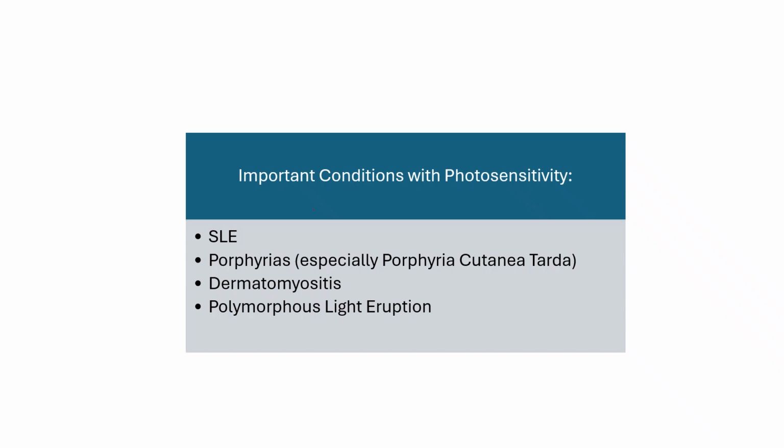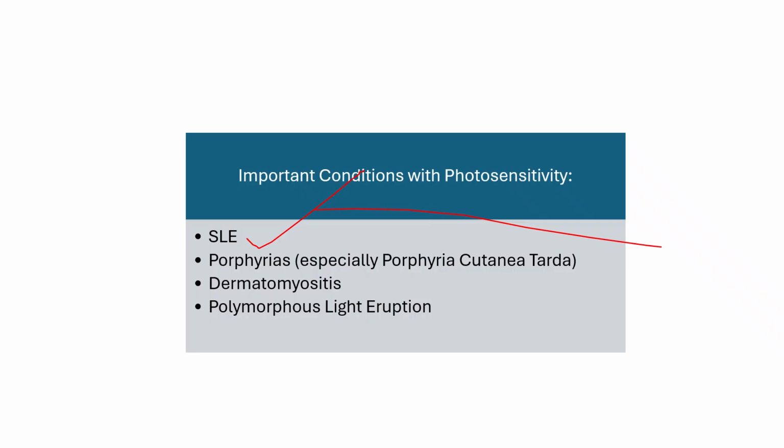There are some important conditions or diseases which are also associated with photosensitivity. One being SLE. SLE, in the criteria itself, you know, the diagnostic criteria, you have photosensitivity, right? Then porphyrias, especially porphyria cutanea tarda, can have photosensitive rashes. Dermatomyositis, okay, again an autoimmune condition.